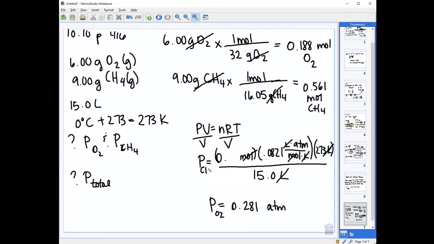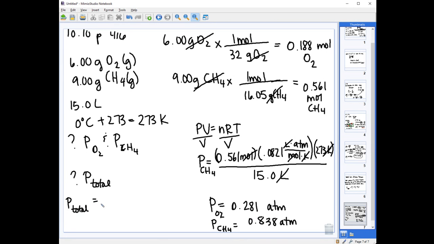So for my partial pressure of methane, I'm going to plug in my 0.561 moles here and then do the math. And I get, for my partial pressure of CH4, 0.838 atmospheres. So now I've got my partial pressure of each one.